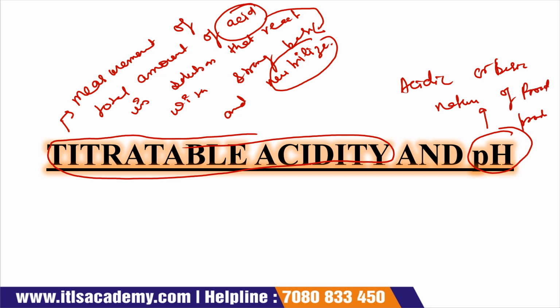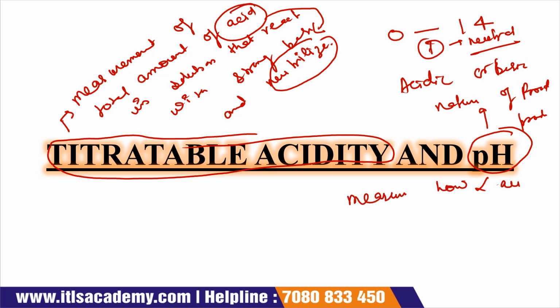The range of pH is from 0 to 14, where 7 is considered neutral. So pH measures how acidic or basic a substance or a solution is.